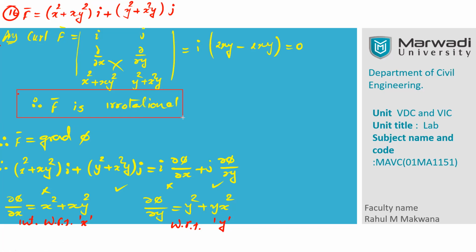If it is irrotational, then the vector is equal to gradient. The vector function is equal to the formula of gradient. Compare coefficients of i, j, k on both sides, and then integrate with respect to x, and with respect to y.